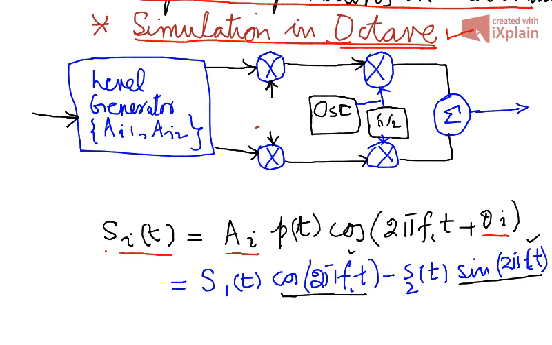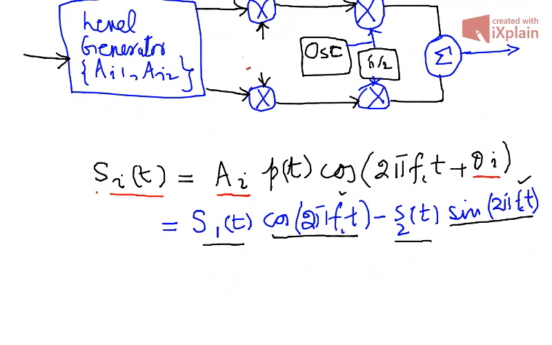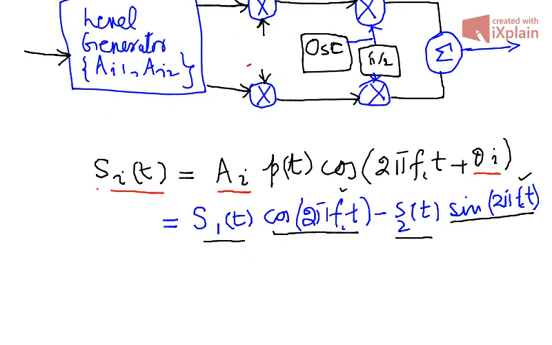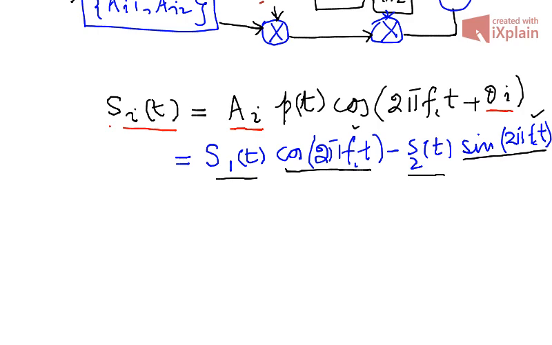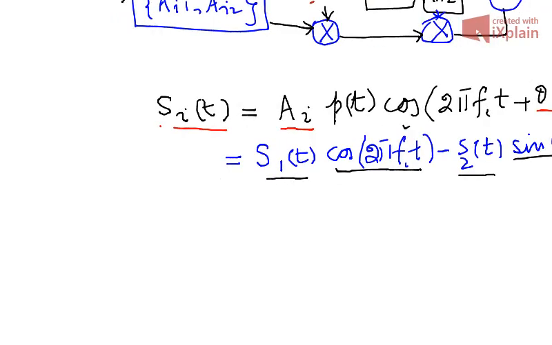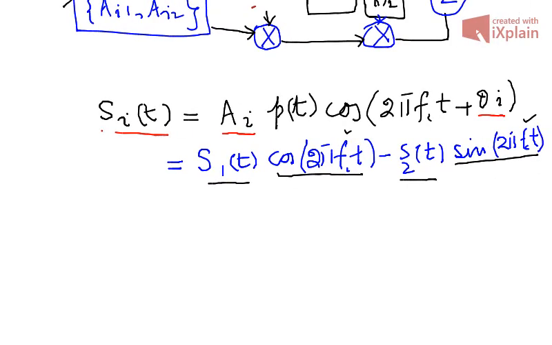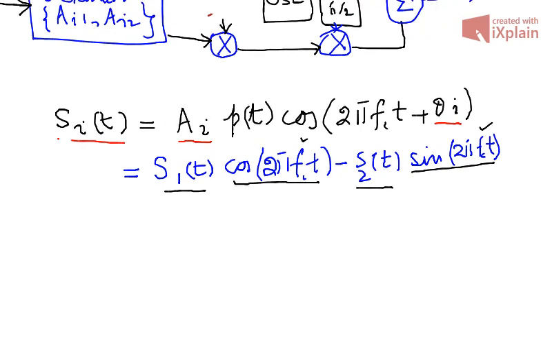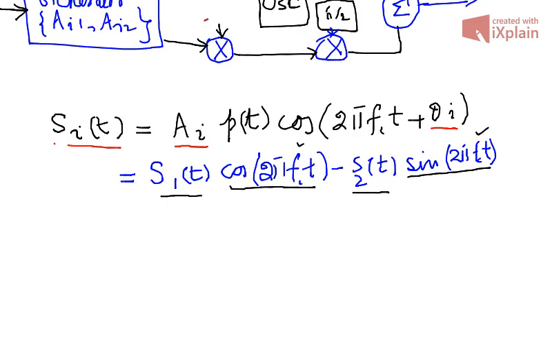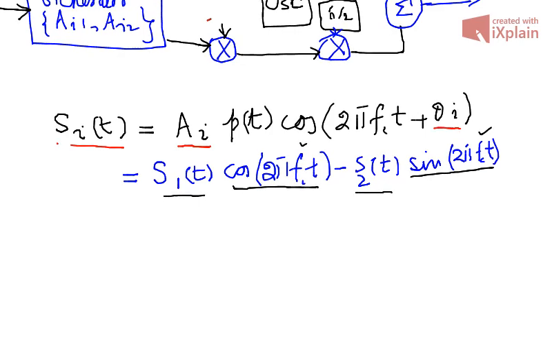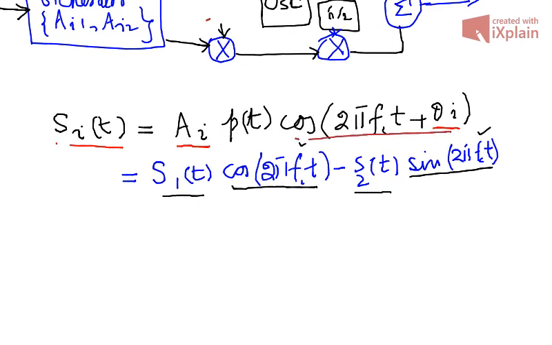I hope you can easily find this s1 of t and s2 of t. With a little bit of mathematical identity, we applied cos of alpha plus beta to this one. So you can rewrite it in this form.